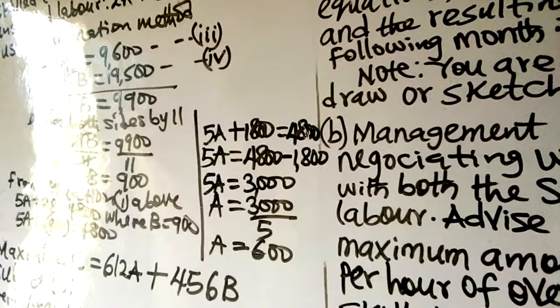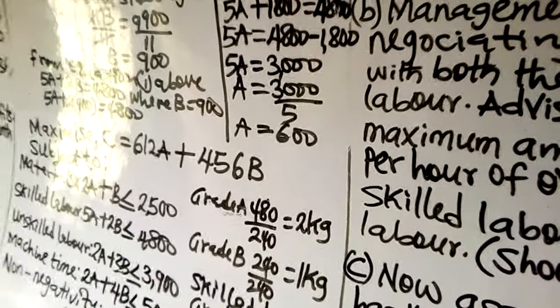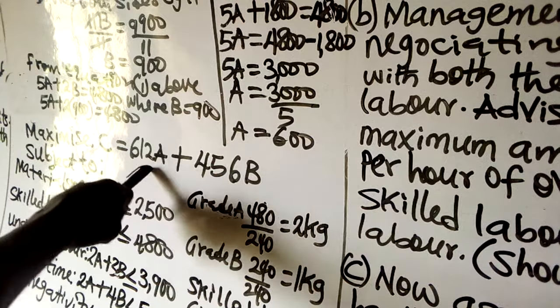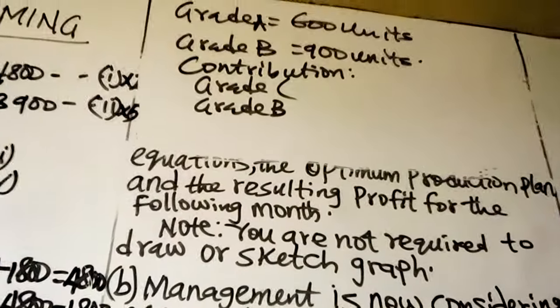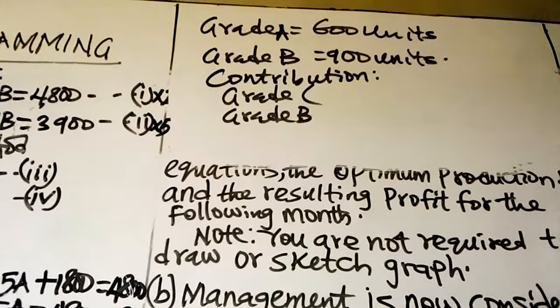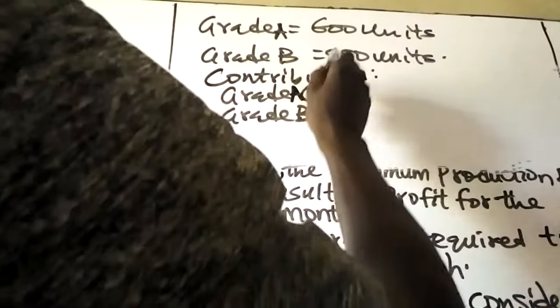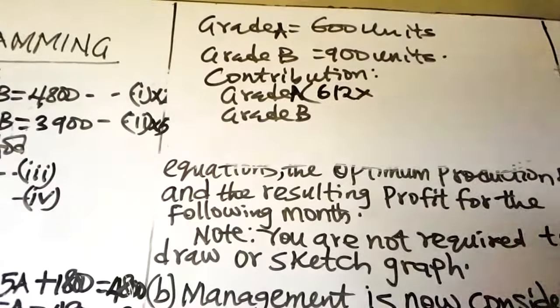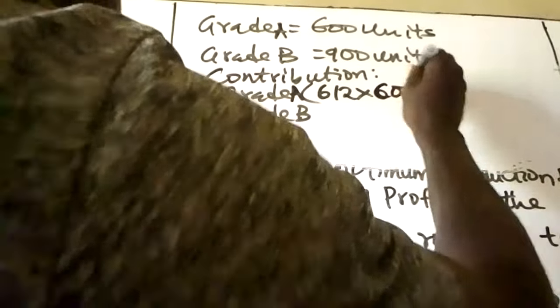For the contribution from grade A, you go back to your objective function. You were given 612A plus 456B. So 612 from grade A, multiplied by the number of units of grade A, which is 600. 612 times 600.